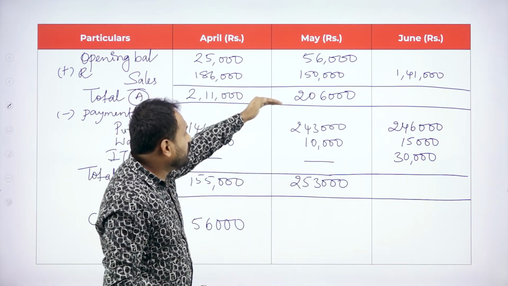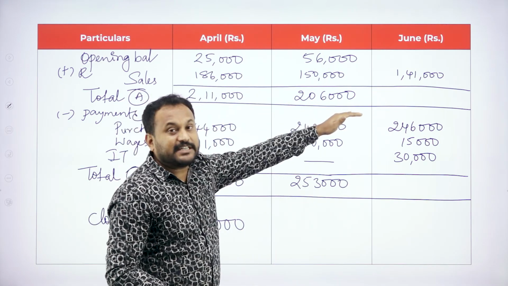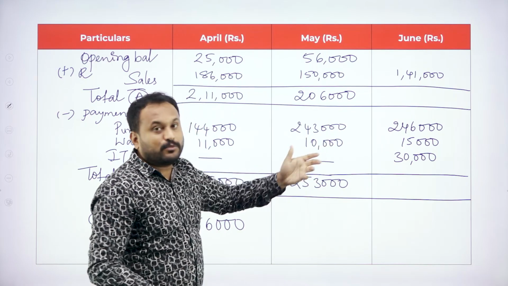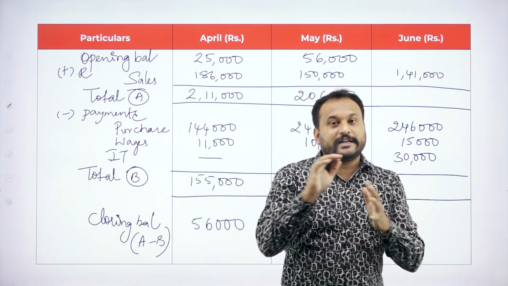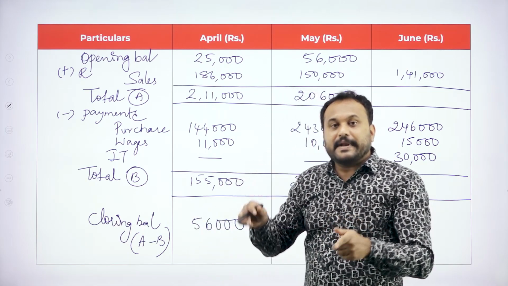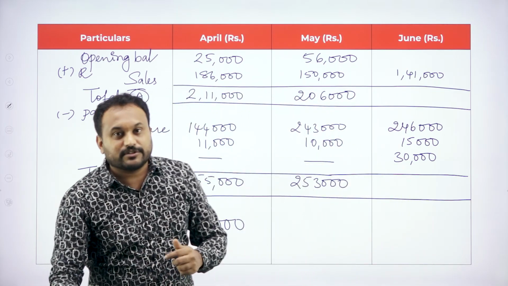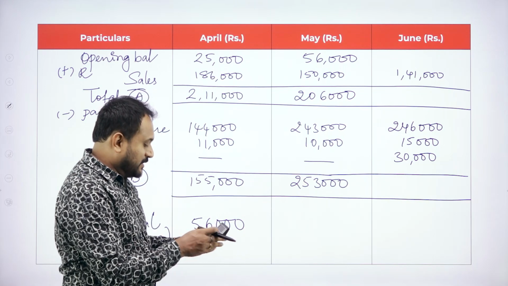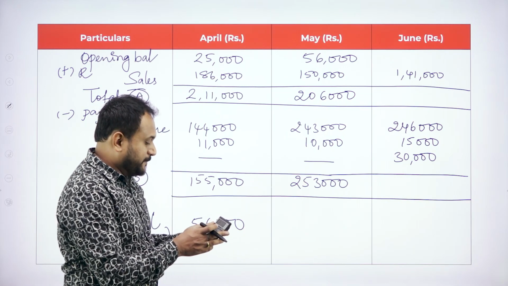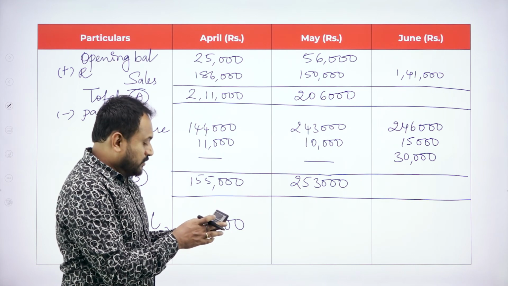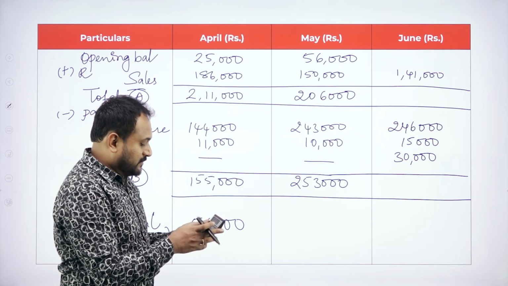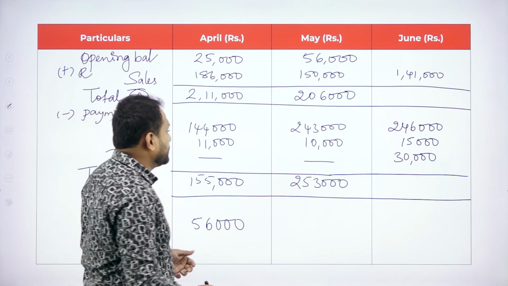Here what happens is the receipts are less, payments are more. So you get negative. In the last session I told you, whenever you get negative, you are supposed to write it in brackets. So here, 2,53,000 minus 2,06,000. We have 47,000, which is deficit.